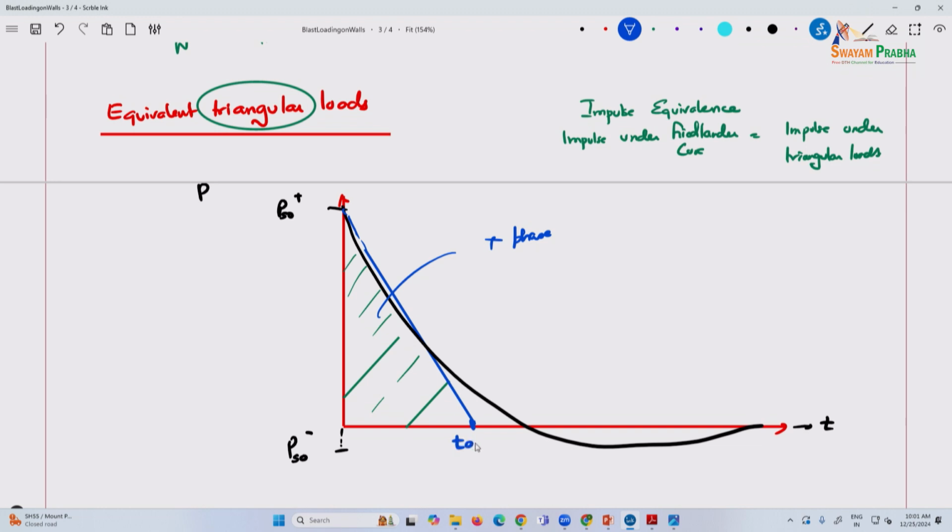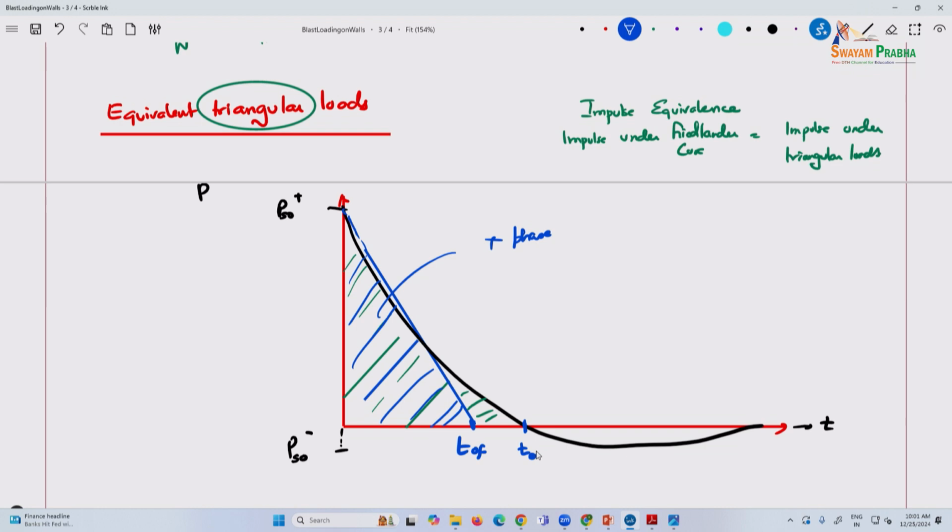So the blue part would be the equivalent impulse in this case. So the blue and the green areas are equal. So this is TOF, and this is your T naught or TD, the duration of the positive phase.